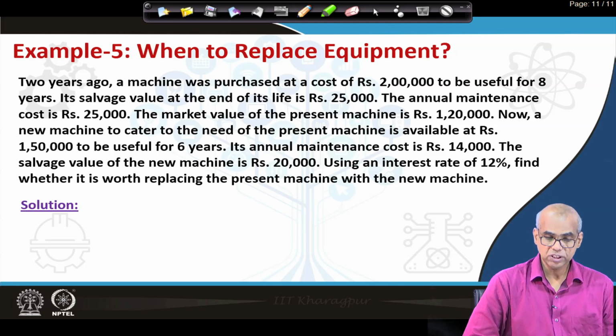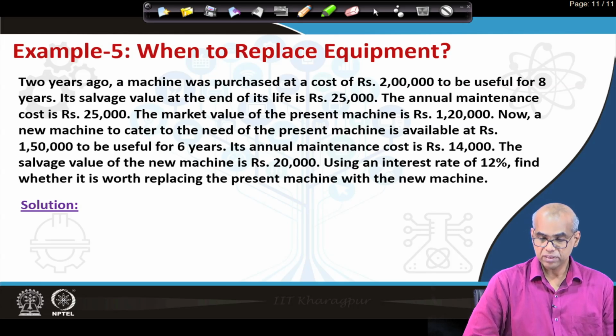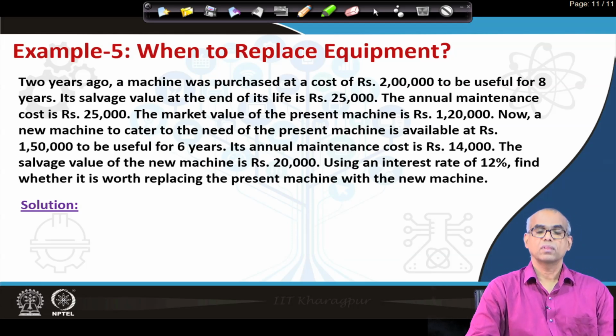Now, a new machine to cater to the need of the present machine is available at rupees 1,50,000 to be useful for 6 years. Its annual maintenance cost is rupees 14,000. The salvage value of the new machine is rupees 20,000. Using an interest rate of 12%, find whether it is worth replacing the present machine with the new machine.